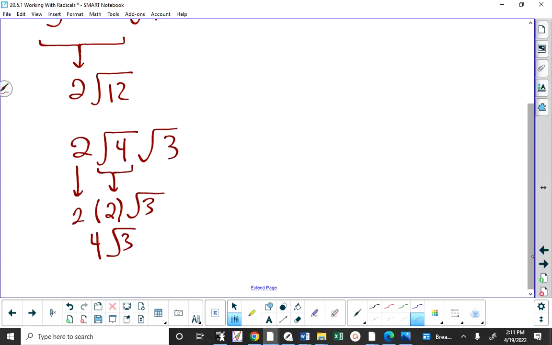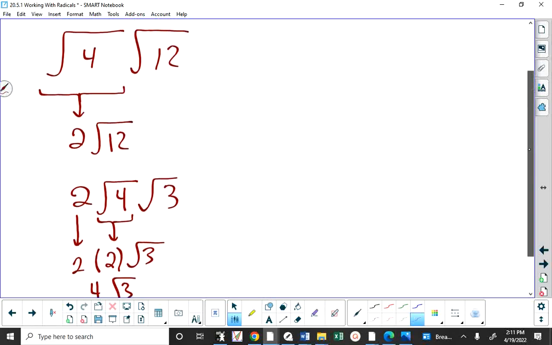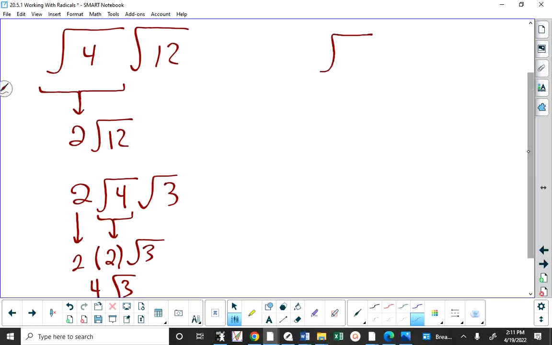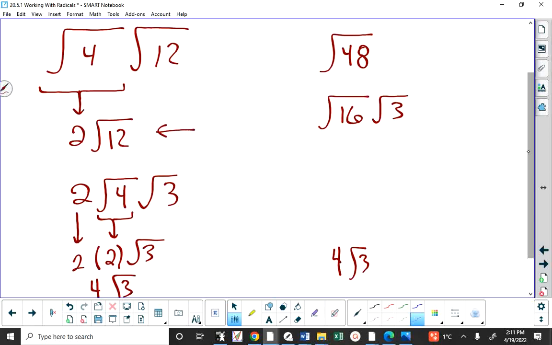Now, with something like this, where we had root 48, how many of you saw the number 16 in there? If you do, then you get there quicker. So if you said, oh, no, 16 divides in there 3 times, well, that becomes 4 root 3. And look at all of the space you saved and all of the time you saved. But the bigger picture here, everybody, is when you think you're done, always think again.